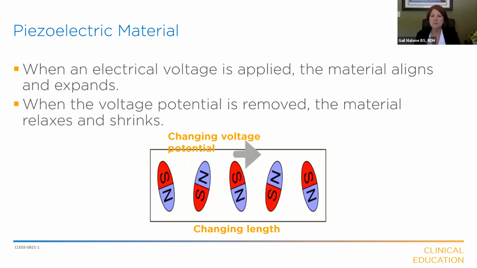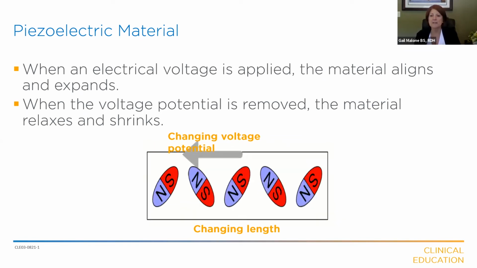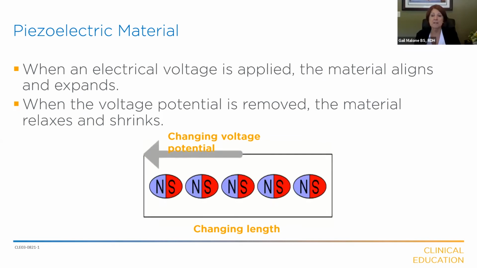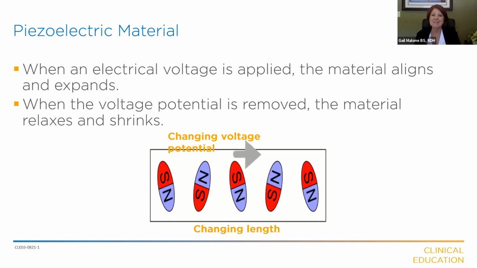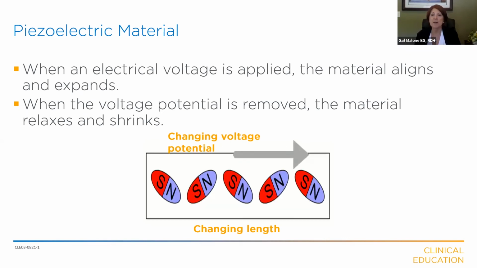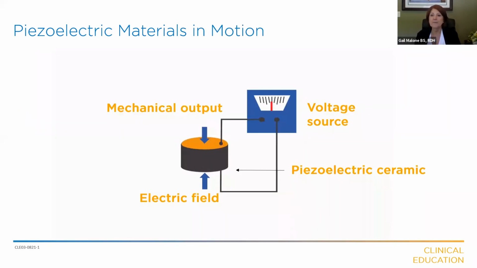And that causes the crystals to expand and contract, and the energy created by that expansion and contraction moves through the handpiece and exits at the tip, causing the tip to vibrate. Here you see a little graphic. The meter will show you that as the voltage changes, the crystals expand and contract, and this is the basic way that we drive a piezoelectric device.